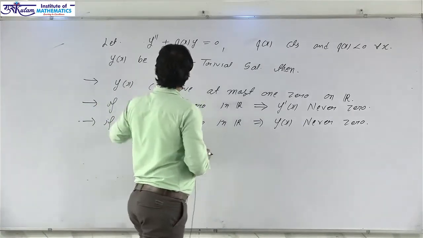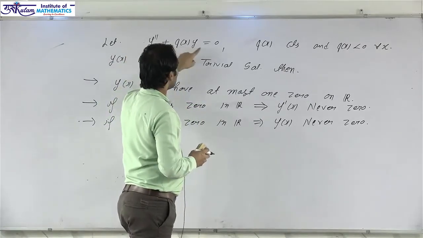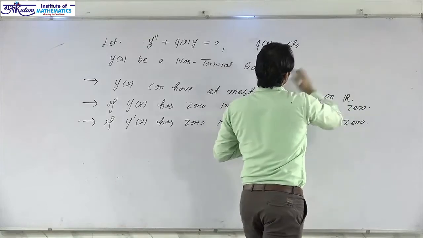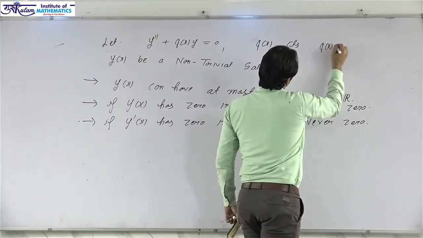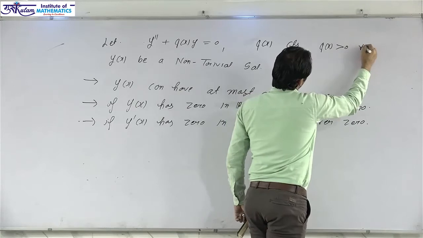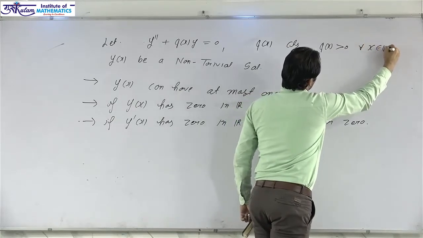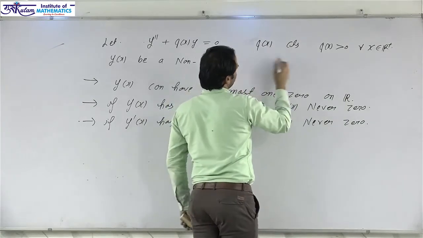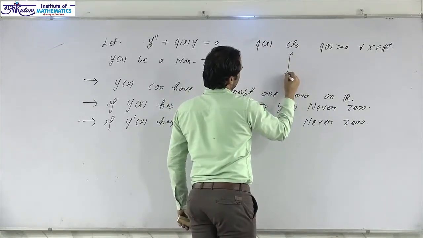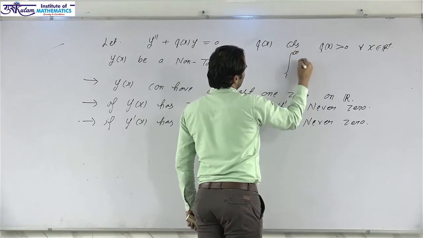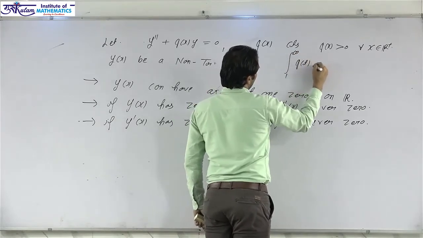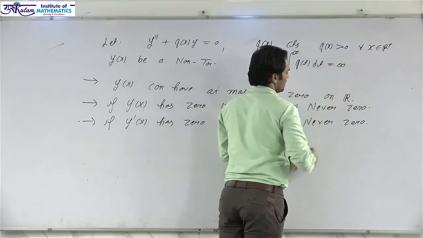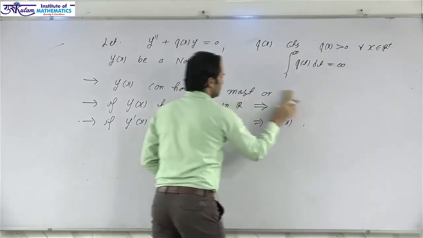Again considering y'' + q(x) y = 0, q(x) is continuous, and assuming that q(x) is greater than 0 for all x in R plus, and assuming that the integral from 1 to infinity of q(t) dt is plus infinity.